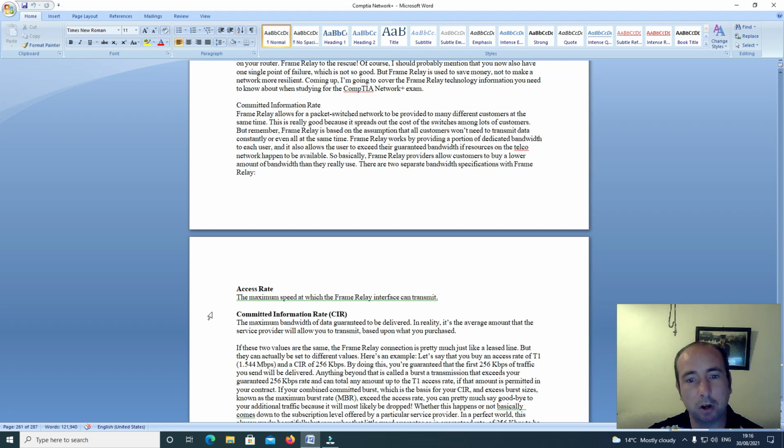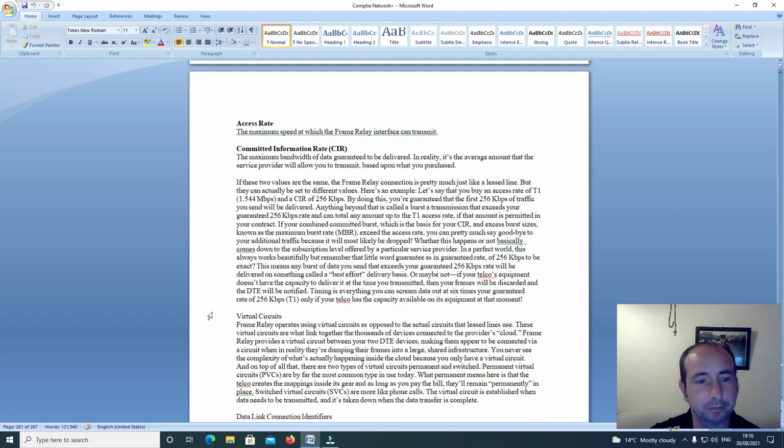Frame relay works by providing a portion of dedicated bandwidth to each user, and it also allows the user to exceed their guaranteed bandwidth if resources on the telco network happen to be available. So basically, frame relay allows customers to buy a lower amount of bandwidth than they really use. There are 2 separate bandwidth specifications with frame relay.